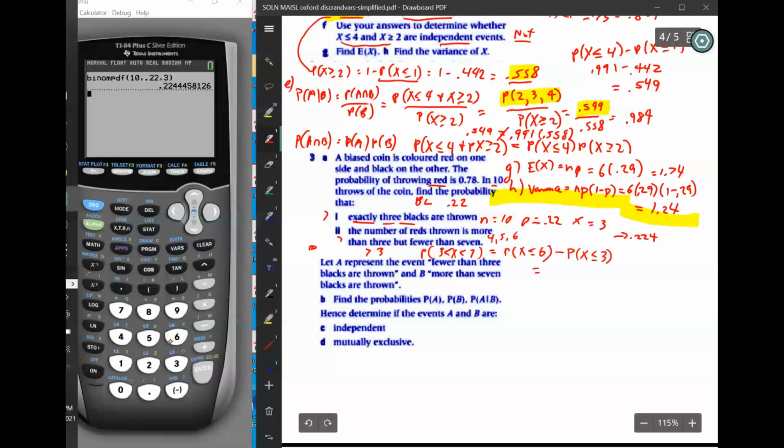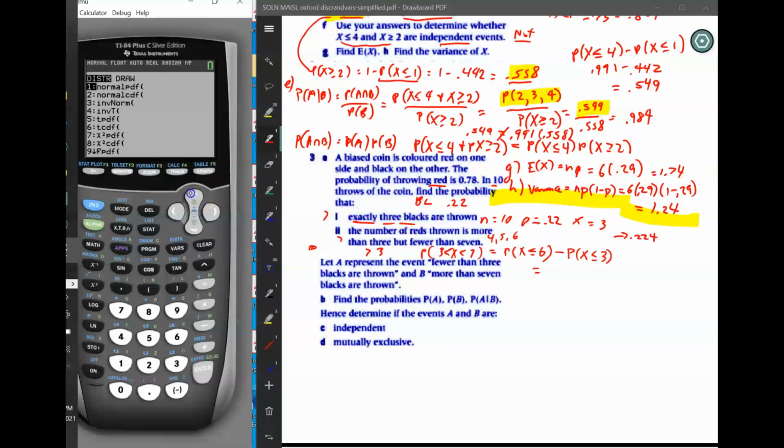So let's find the probability that x is less than or equal to 6. Obviously, we're going to use binomial CDF. And in this particular case, do we want probability equals 0.78 or 0.22? Since it's red, we're going to use 0.78.